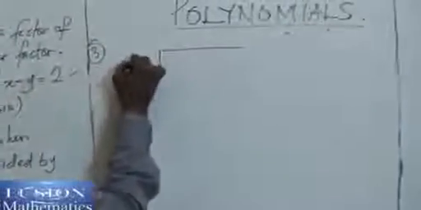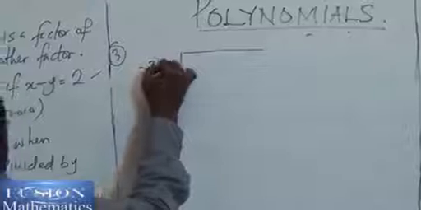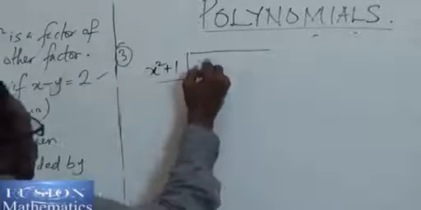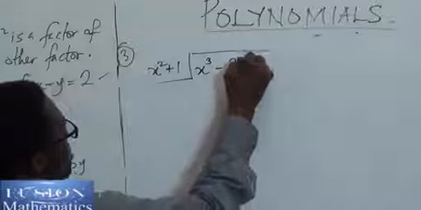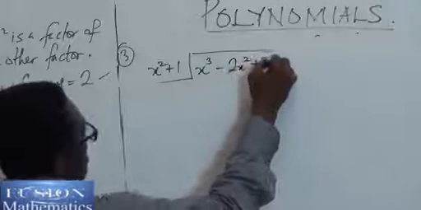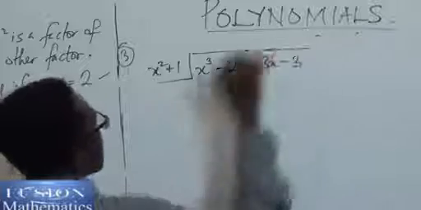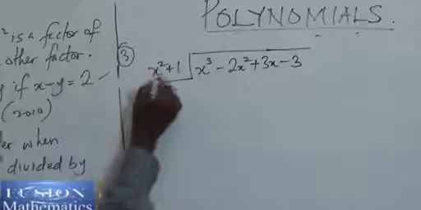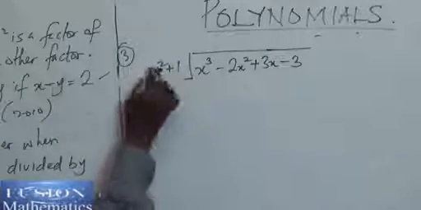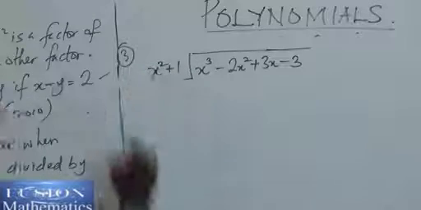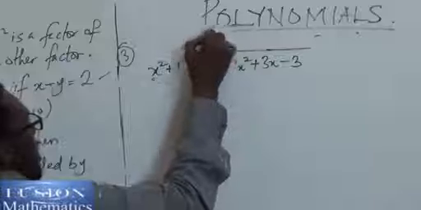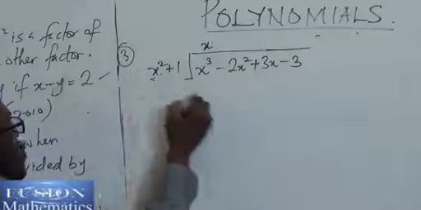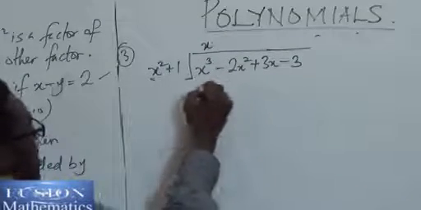So we have x squared plus 1, then what we are dividing, x cubed minus 2x squared plus 3x minus 3. So we said when we want to divide, we use the algebra to divide. That is x squared. X squared, we divide x cubed, it will go there x. X times x squared will give us x cubed.